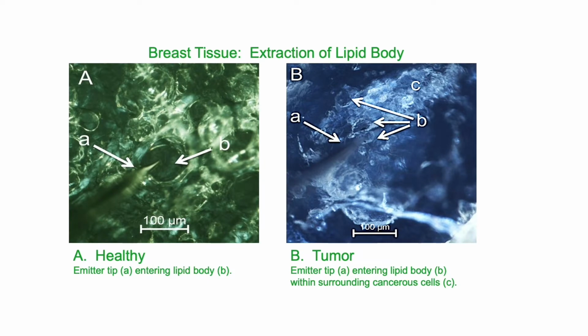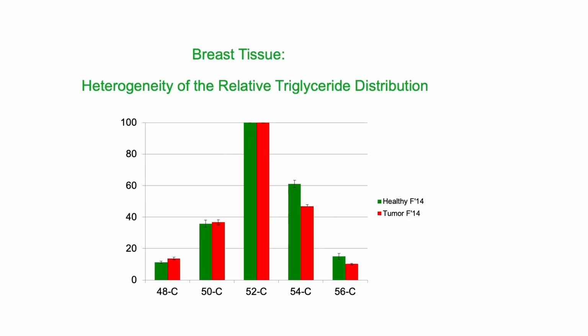So we did apply that to breast tissue for a cancer patient, and both of the tissues were harvested at the same time so we can account for diet. And there's a healthy tissue on the left-hand side and the tumor tissue there on the right side, and we did the extraction that I just showed you before on these cell lines. And repeatedly, over and over again on these cells, we got a knockdown of the 54 acyl group.